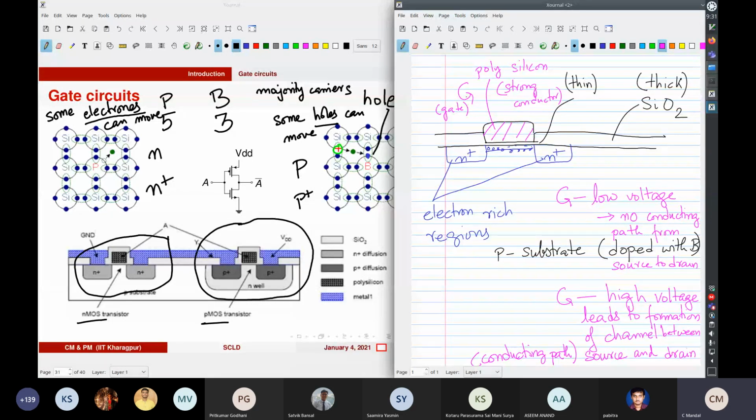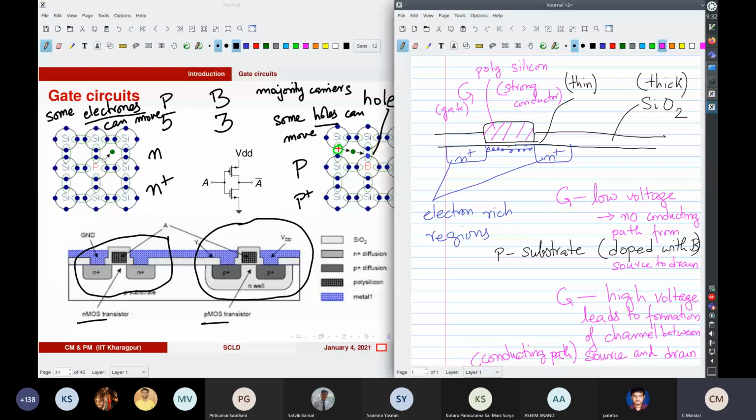If you set the gate to a high voltage, it just connects the source and the drain through a channel that's populated with electrons. And if it is low, this channel dissipates. These electrons are no more present. So that is how an NMOS transistor behaves as a switch.